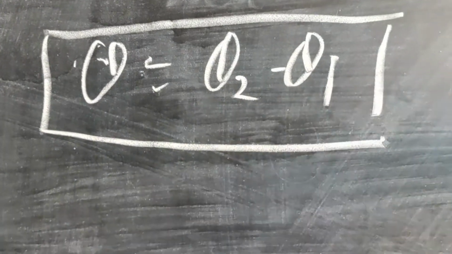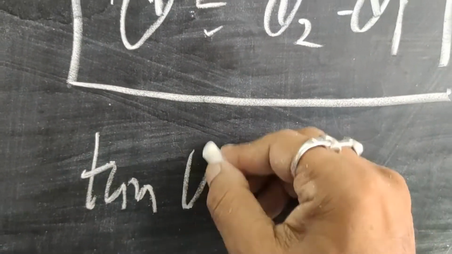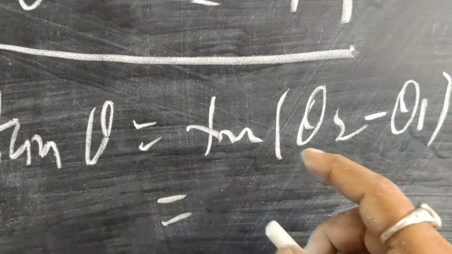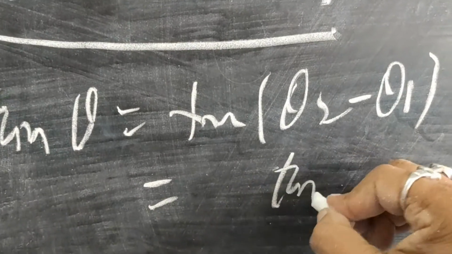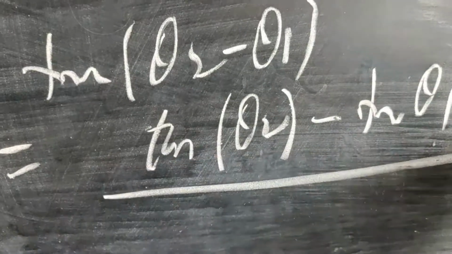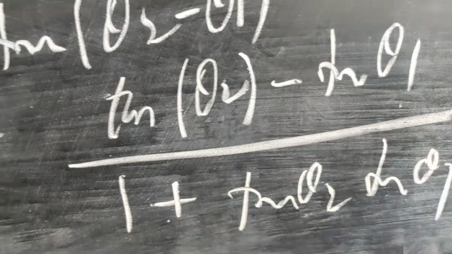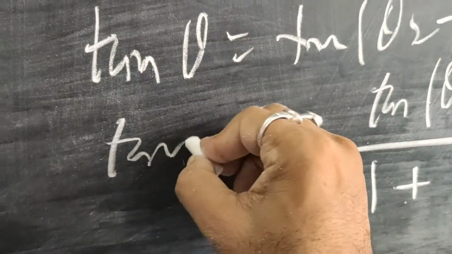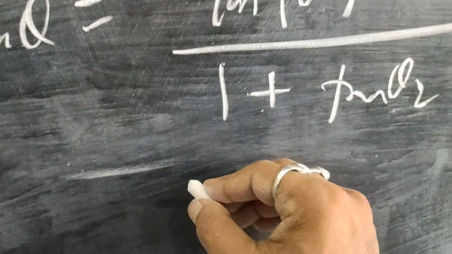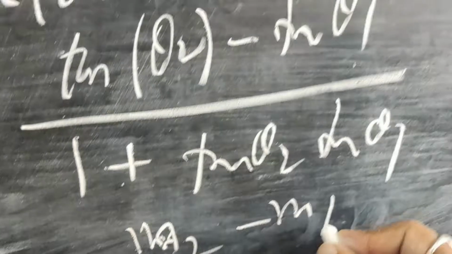Using this formula, taking tan both sides, tan theta equals tan of theta 2 minus theta 1. Know the formula: tan A minus tan B upon 1 plus tan A tan B. So using this formula, we can find tan theta, and now you know this is m2 of this line and this is m1, right?